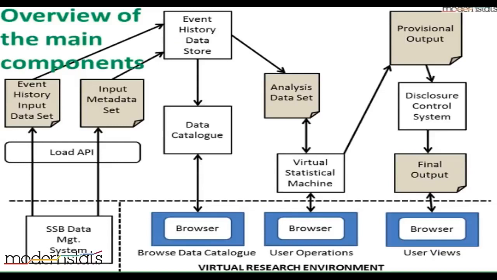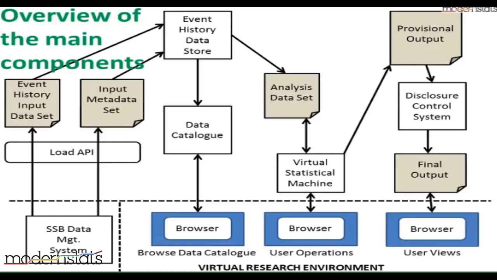Overview of the main components. On the bottom left, you have SSB, that's Statistics Norway's data management system. From that system, the current system, we will then load data and metadata into an event history data store.